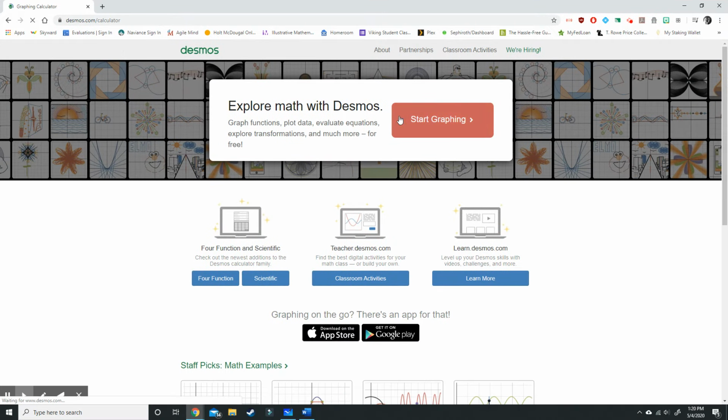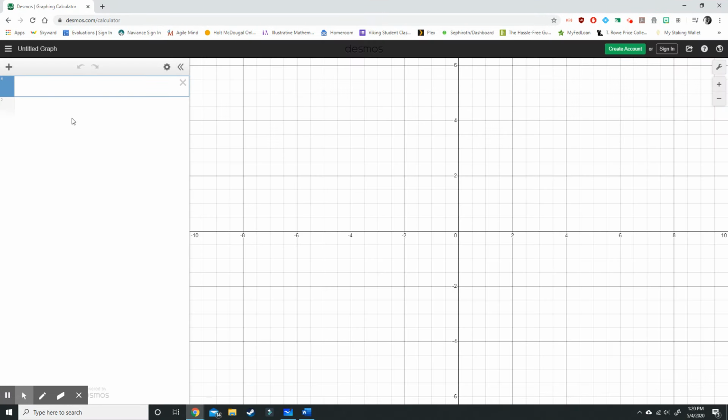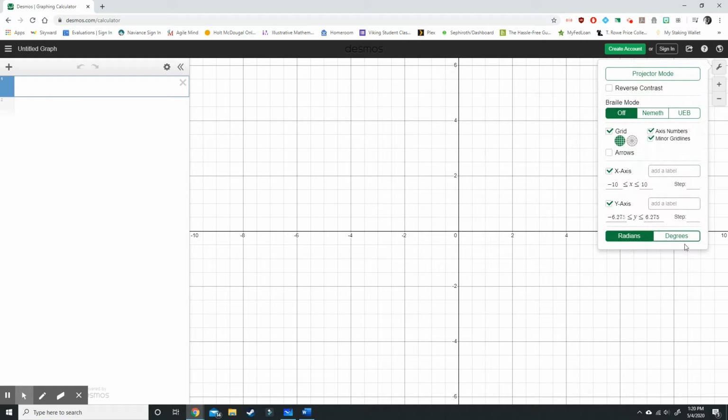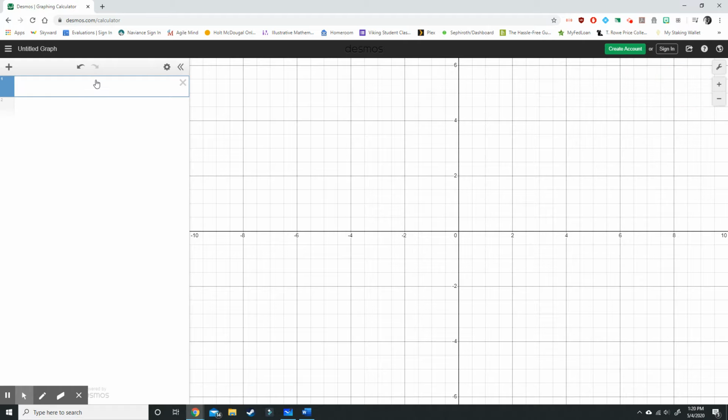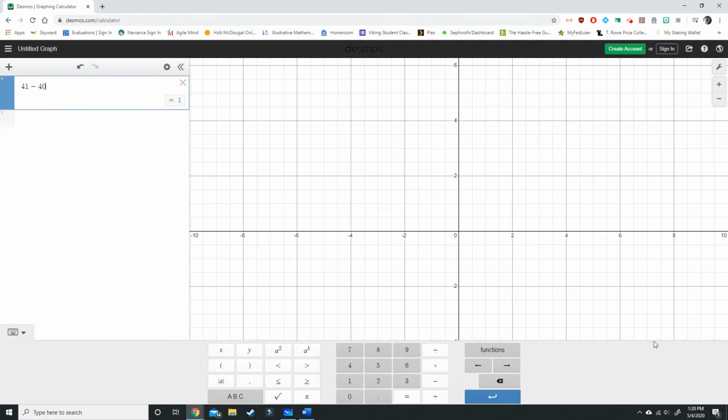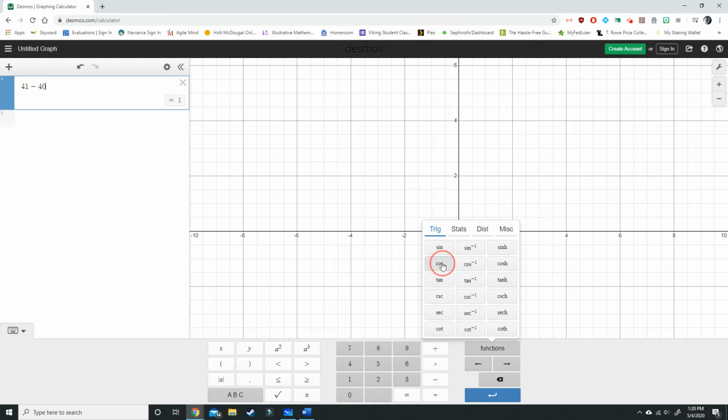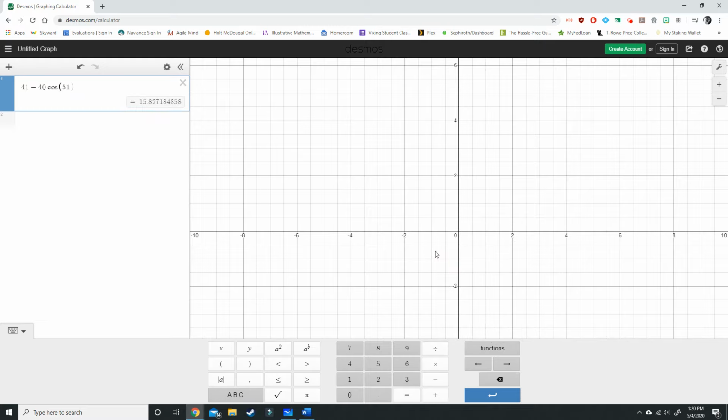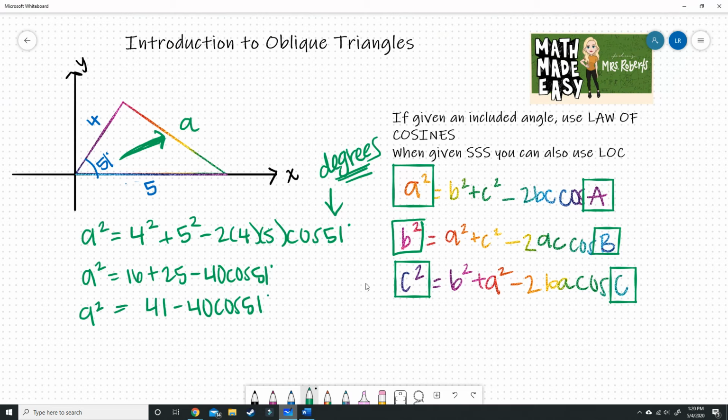So here we go. I'm going to make sure that this is in degree mode because I'm plugging in a degree. We're going to say 41 minus 40 times cosine of 51 degrees, and we have 15.8283.